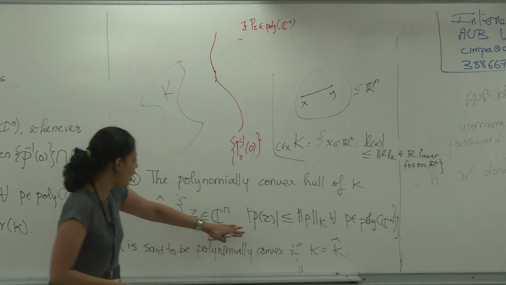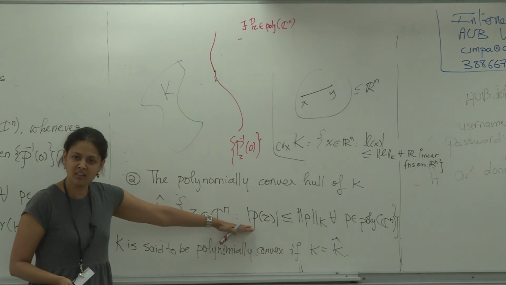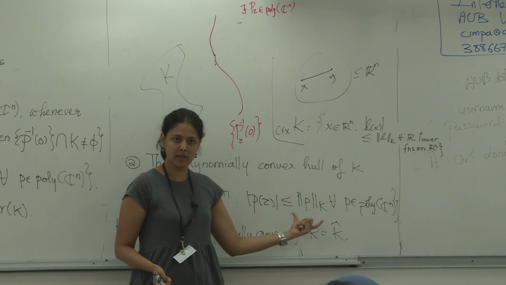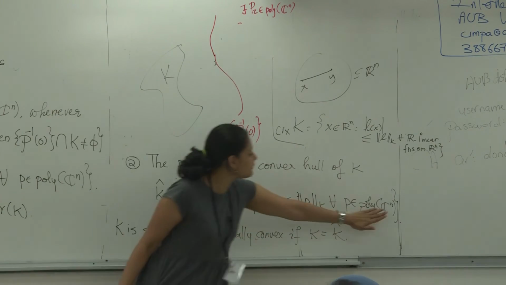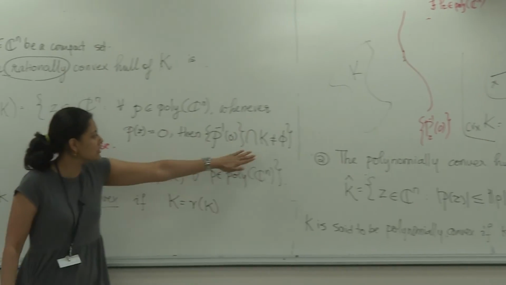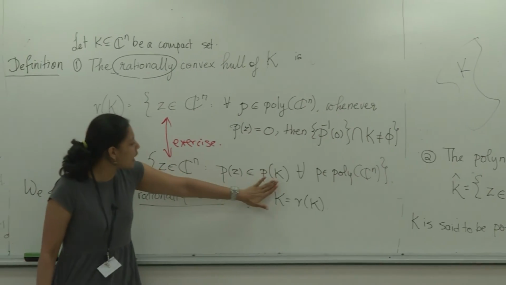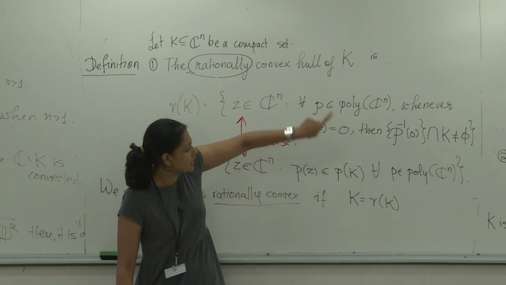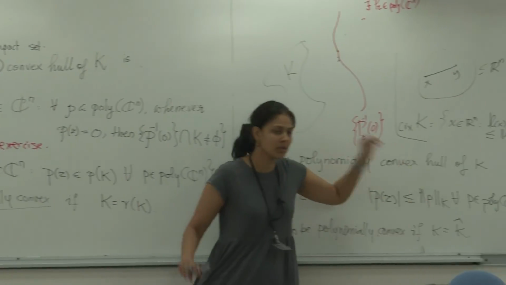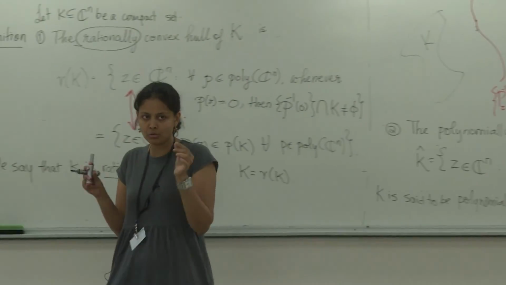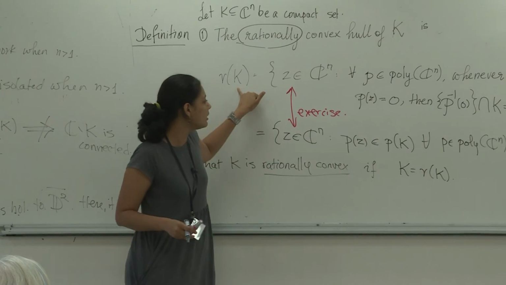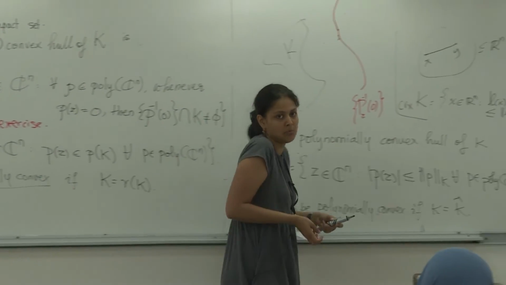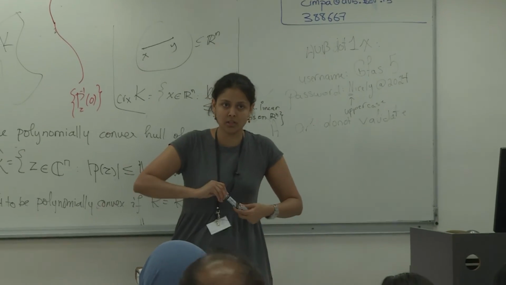This is a very common format for defining hulls, and even the traditional convex hull can be written in this format. And if, instead of working with polynomials, you work with rational functions which have no problem on K and no problem on Z, then you can rewrite the rationally convex hull in this form. So you can truly reconstruct this hull using the class of rational functions. And if I did it that way, then it would make sense to call it the rationally convex hull.